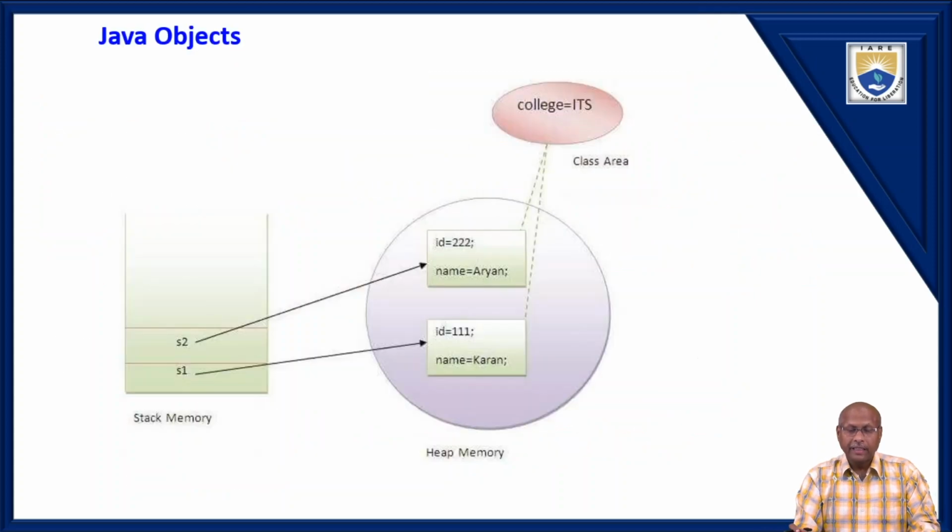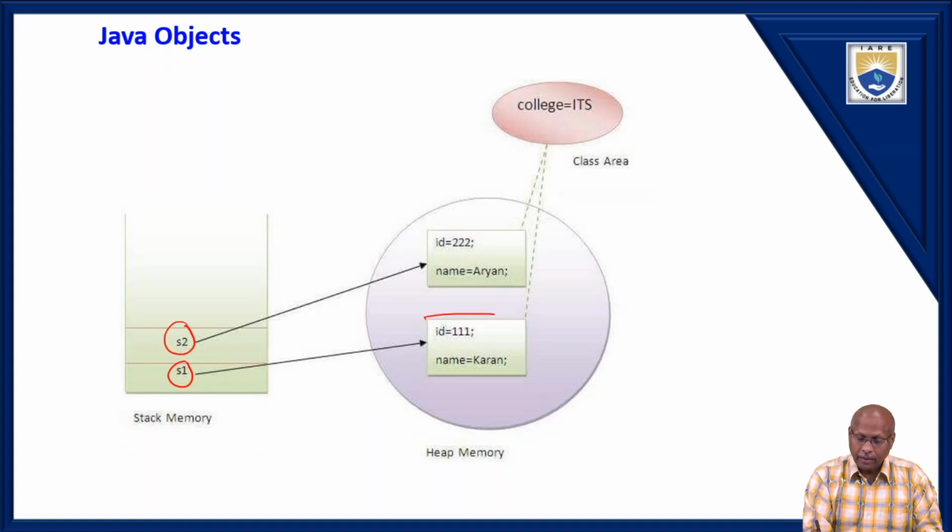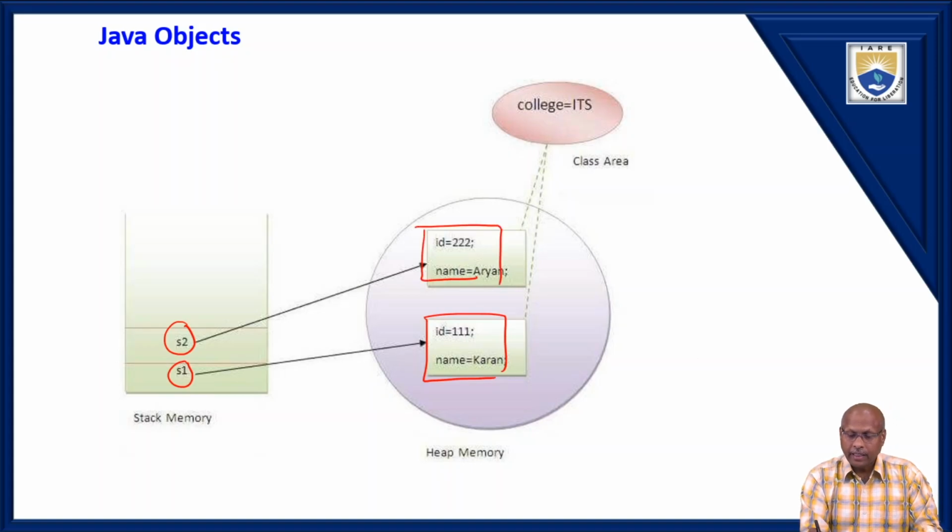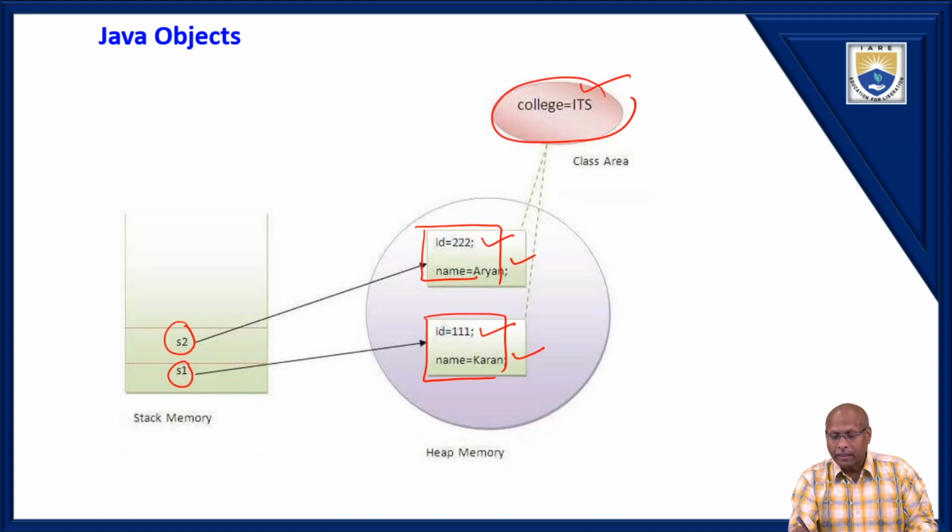Now you can see the instances also. S1 is one object, S2 is another object. S1 gets memory here. This is the memory of S1. S2 gets memory here. Here ID is there, name is there. Here also ID is there, name is there, because they are instance variables. Whereas college is my static variable, it is available in one place. But this is referred to by this object as well as this. Both are referring to the same. This is your class area or static area.